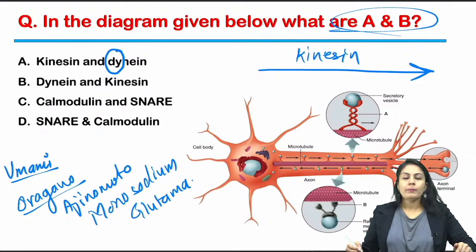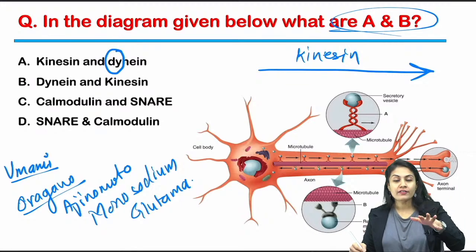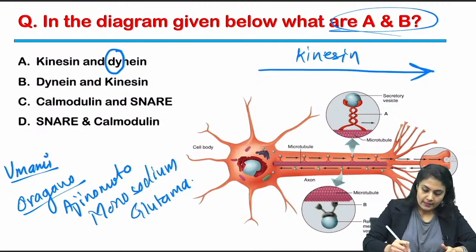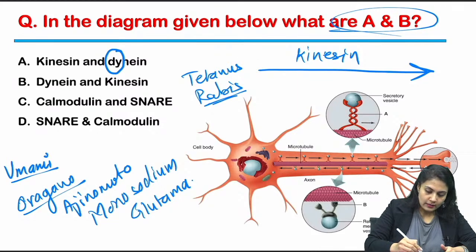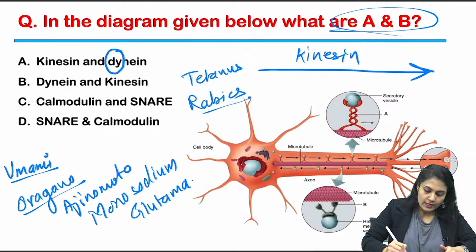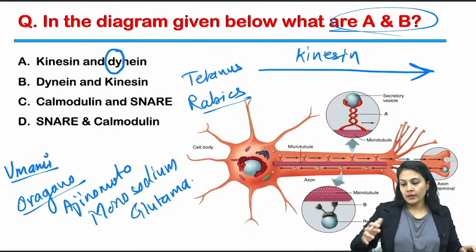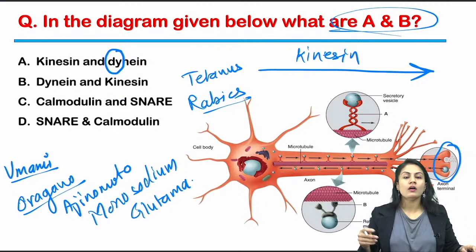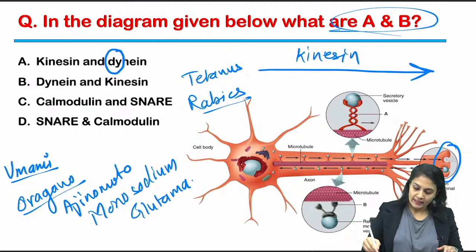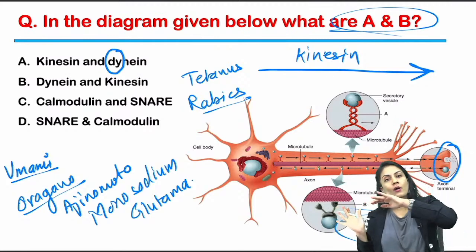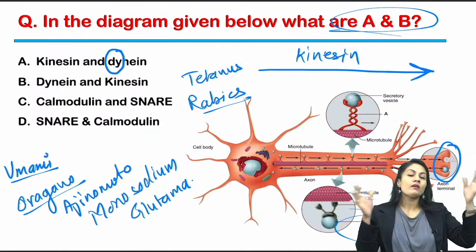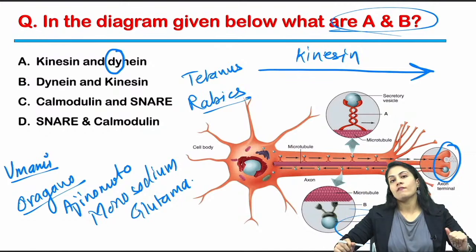If a person dies because of viruses like rabies or herpes, or tetanus, what happens as soon as these viruses come in our body and find an empty vesicle with that dynein, they are going to go towards the body and they infect, proliferate and cause infection.